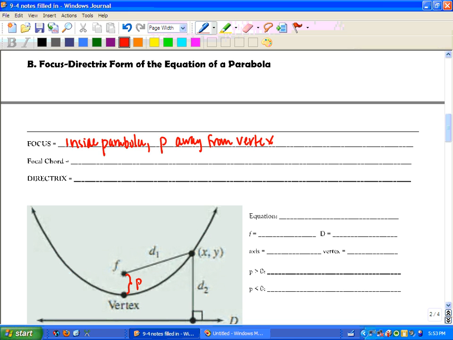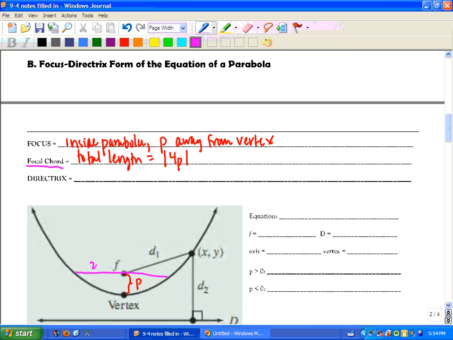There's another thing called the focal chord, and that has a total length equal to the absolute value of 4p. Basically, the focal chord is a chord that goes across the parabola.